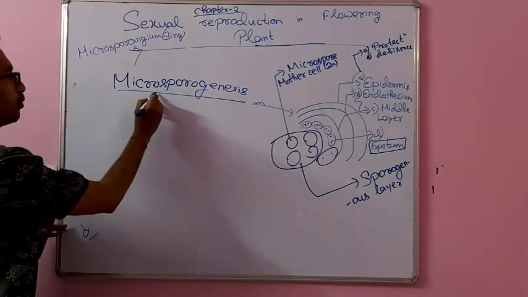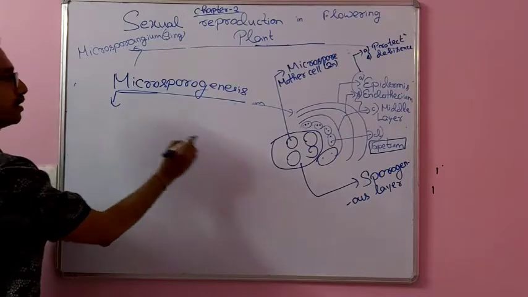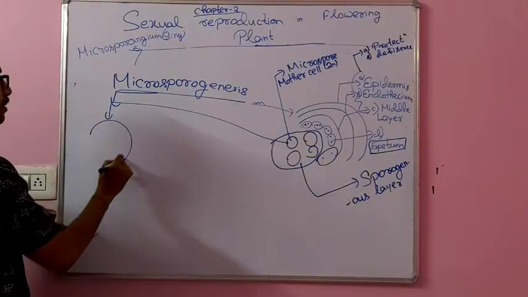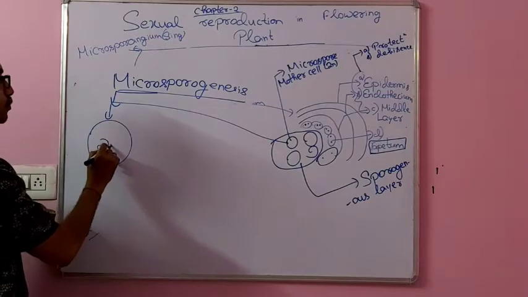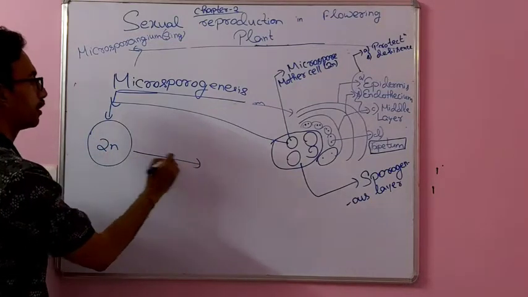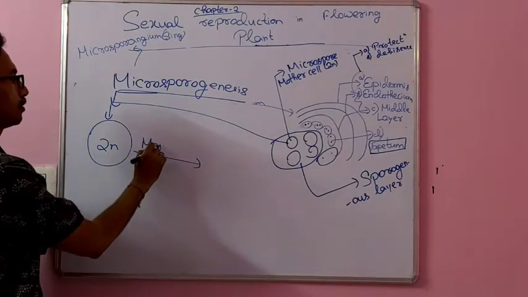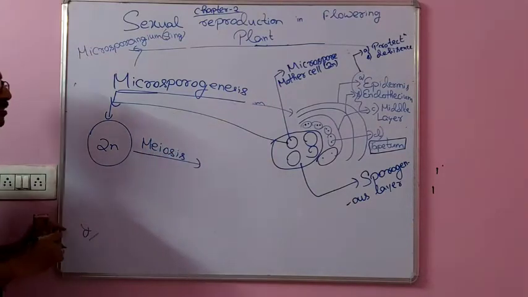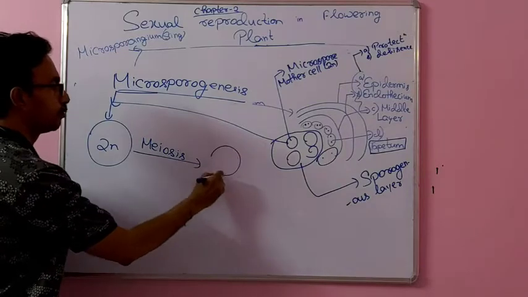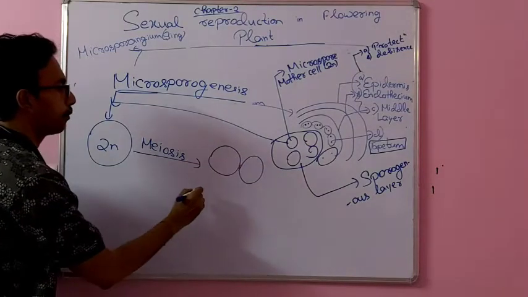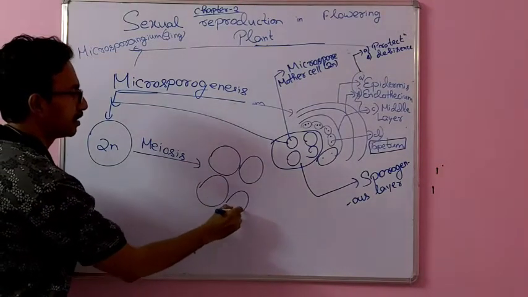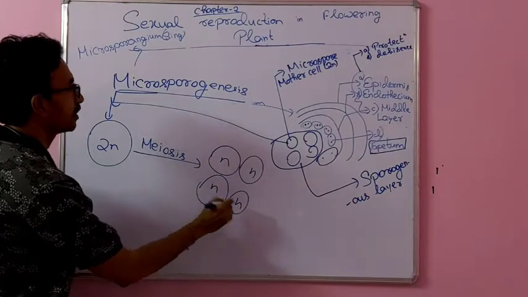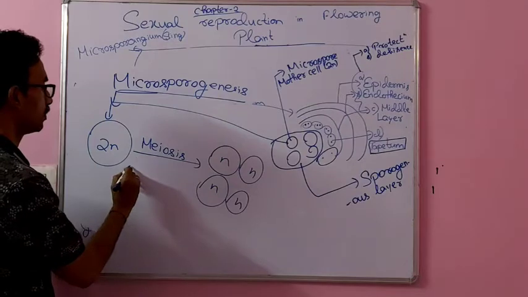In microsporogenesis, the microspore mother cell, whose ploidy is 2n, undergoes meiosis cell division to produce 4 haploid cells. This process is called microsporogenesis.